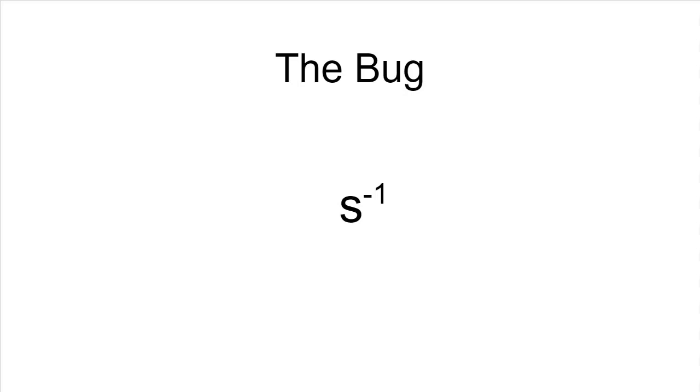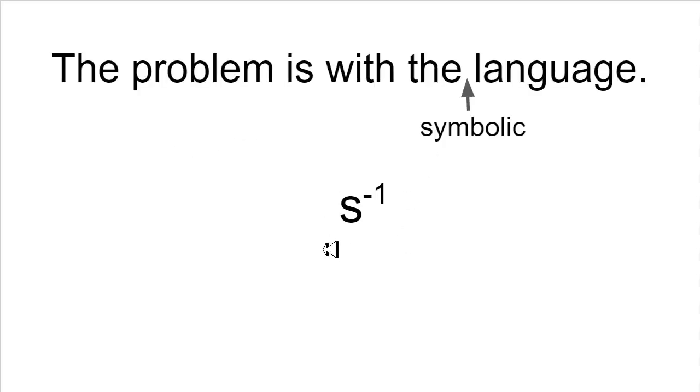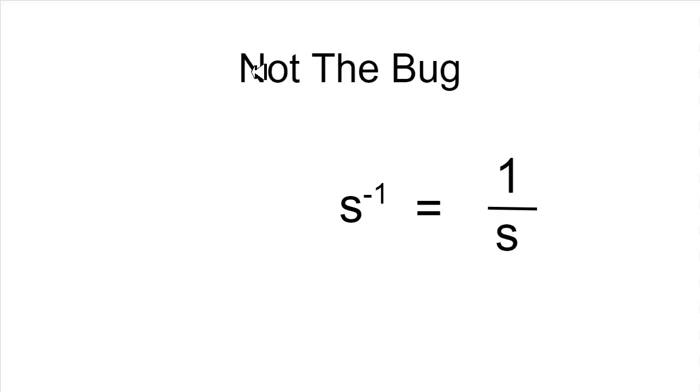Okay, so you need to understand the symbolic language in order to understand what I'm talking about in terms of unit analysis. So this is not the bug. This is a mathematical expression. It is a symbolic representation.